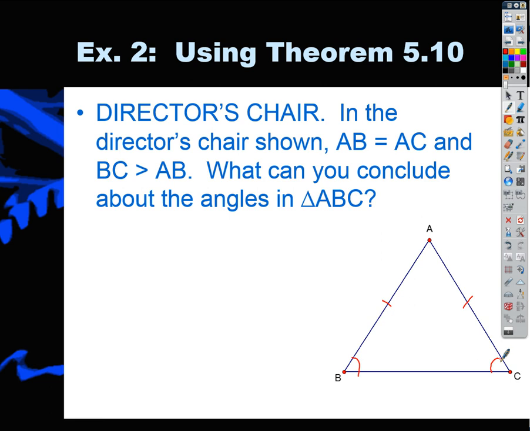But I want an actual number. I'll give you a hint. I want you to say something like angle A is greater than, could be any value greater than, this angle measure. No, it can't be zero. It's greater than 0, yes, but that's not specific enough. Greater or equal to 90? No.